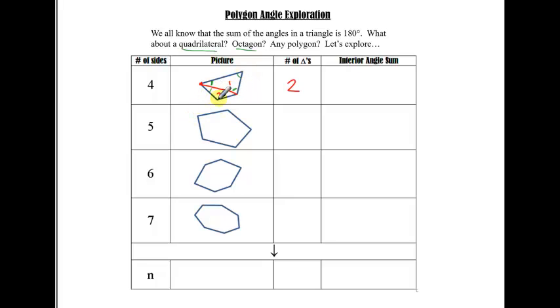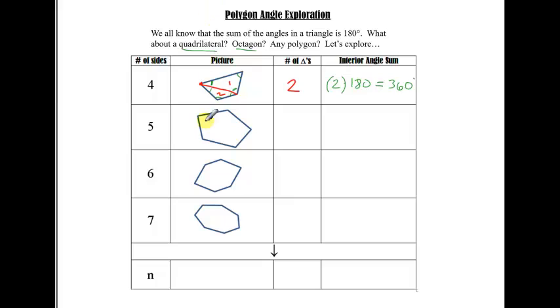Then my second triangle has three angles, 180 total. If you look at all those, I've just marked all the angles of the original quadrilateral. So we can conclude that I have 2 triangles multiplied by 180 in each of those triangles. Let me put parentheses so that looks easier: 2 times 180 means I have 360 degrees in a quadrilateral. That's going to be true for all quadrilaterals.